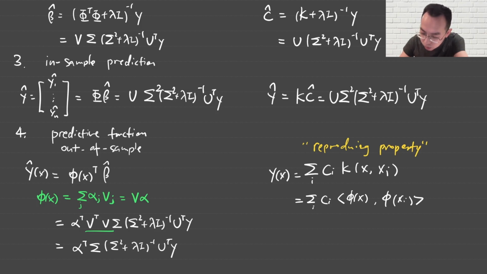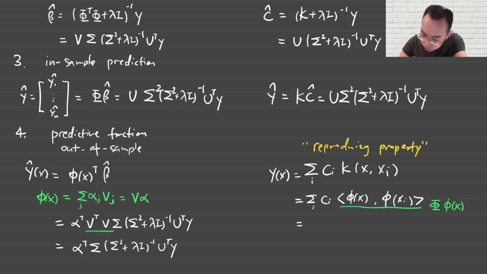So then we can write out the matrix, right? That's just going to equal phi times phi of x, I think. Yeah, so phi is n by p, and phi of x is p by 1, right? So that's going to work. And then we also have the c vector, right?